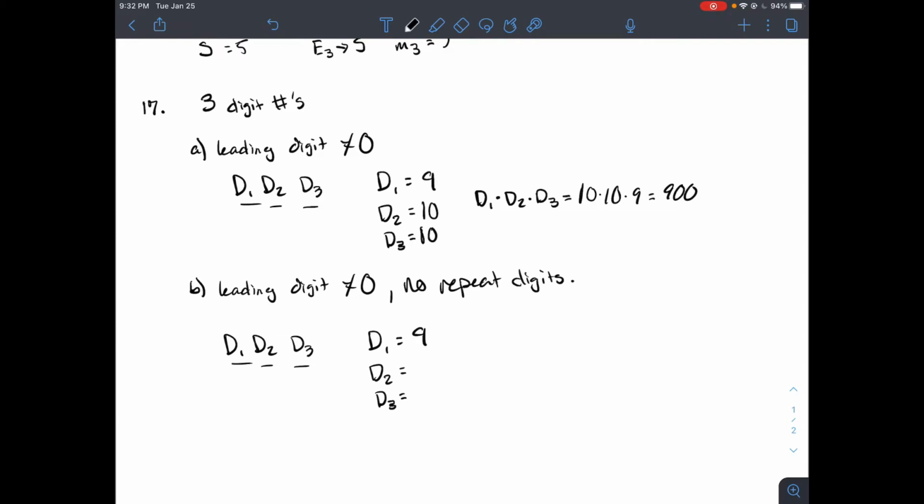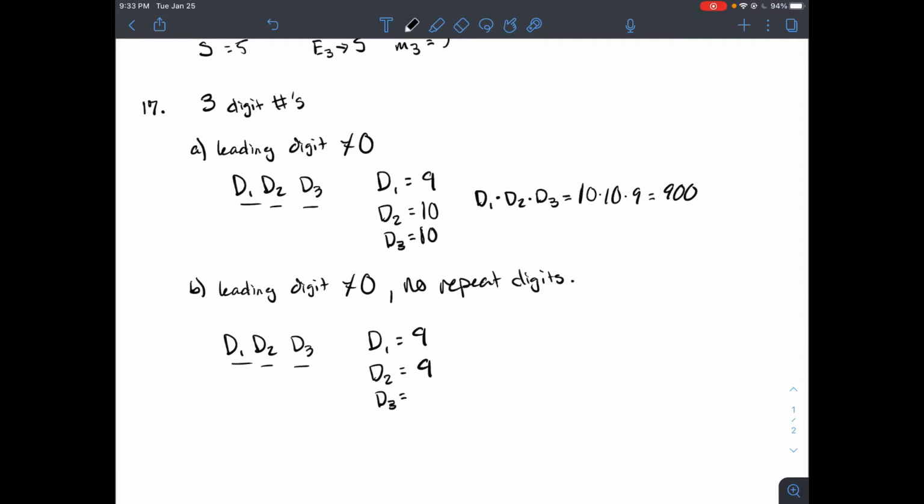Now what can D2 be? We know that D2 in part A is 10, because it can also be 0. But it can't be a repeat of what D1 is. So whatever D1 is, D2 cannot be. So we have to subtract 1 from the possibilities.